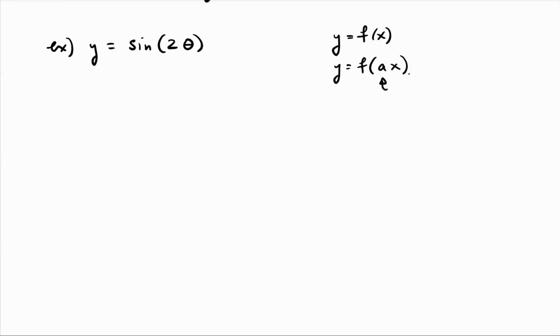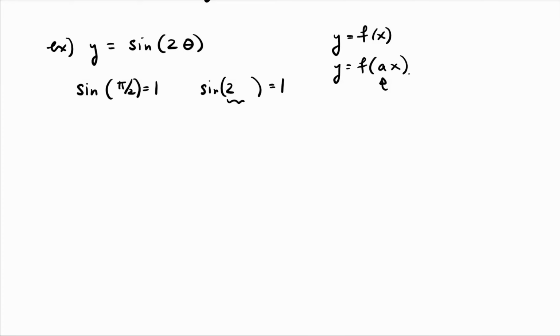So let's take a look at the function we have here. For instance, we know that sine of pi over 2 is equal to 1. Now let's see what the input for our new function, 2 theta, should be so that the output is 1.